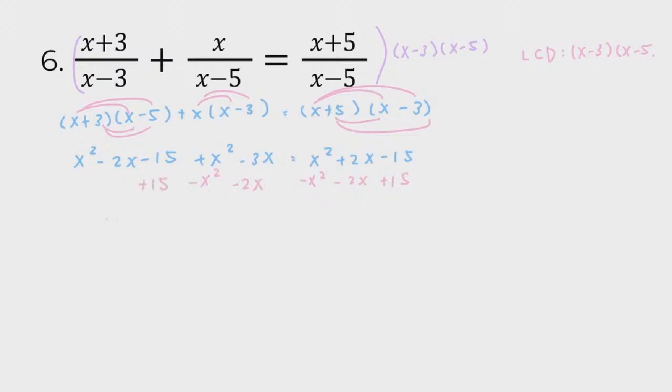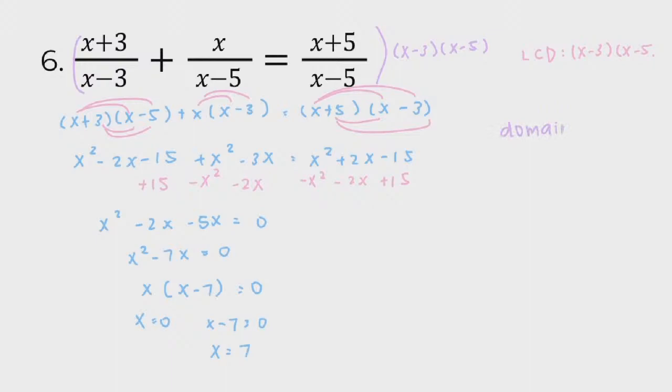So then we get x squared minus 2x minus 5x equals 0. So that's x squared minus 7x equals 0. So we can factor out an x. And we get x equals 0 and x equals 7.